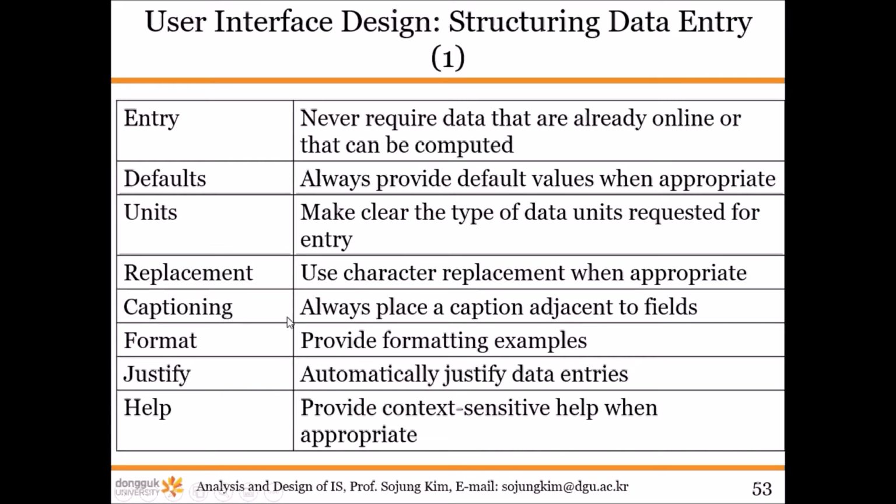And captioning: always place a caption adjacent to the field. Format: provide formatting examples. Justify: automatically justify data entries. And help: provide context-sensitive help when appropriate. Okay, you can consider these eight subjects when you structure data entry.